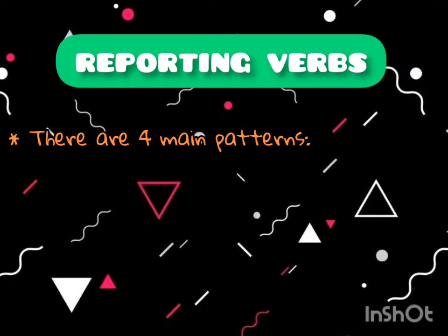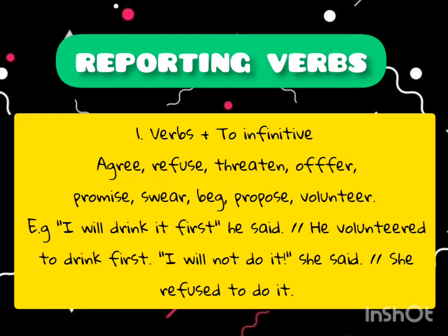So please listen to them carefully and check them in the dictionary, as I said before. You can have verbs followed by the to infinitive, such as agree, refuse, threaten, offer, promise, swear, beg, propose, or volunteer, as examples that you can see.